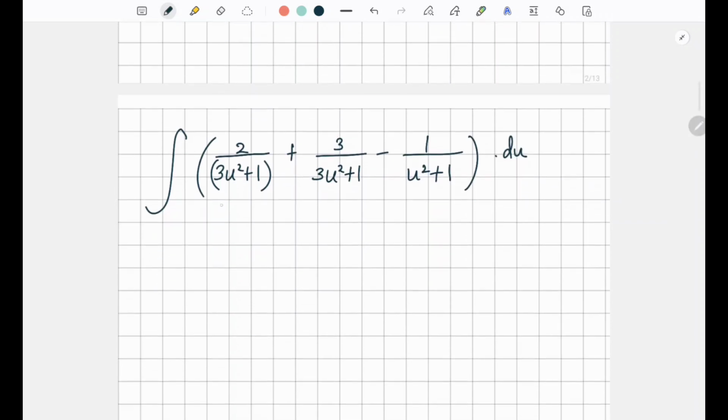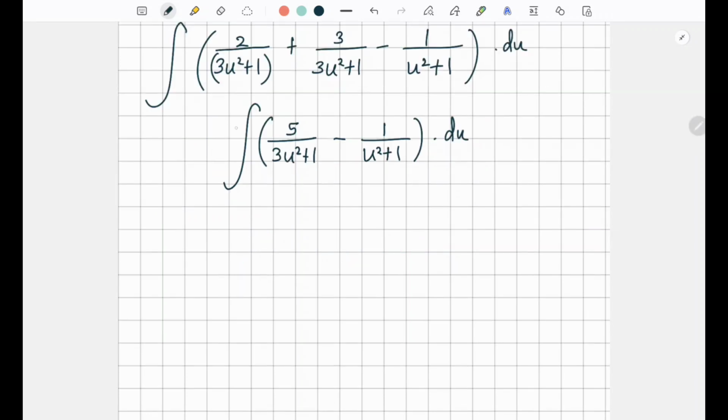Now you can also bring these two together. As you can see, they have the same denominator, so it's 5 over 3u squared plus 1 minus 1 over u squared plus 1. This is your integral. And we also had a 2 in front, right? So now let's integrate this.